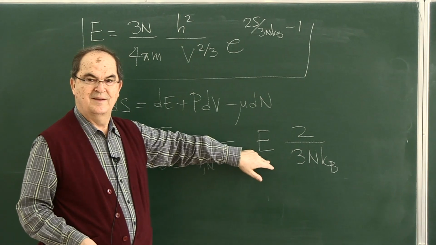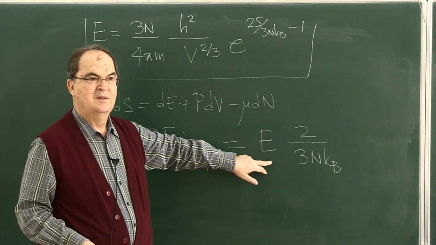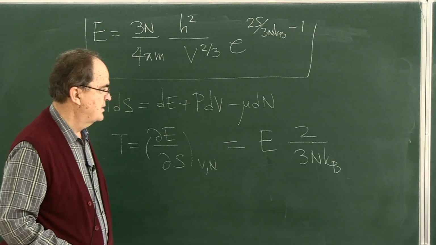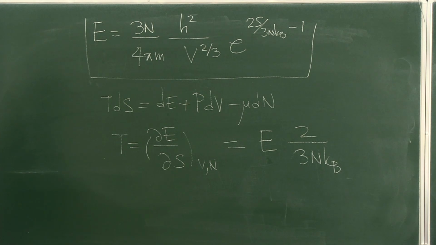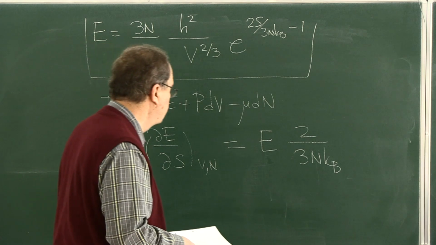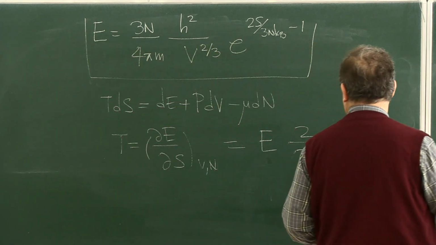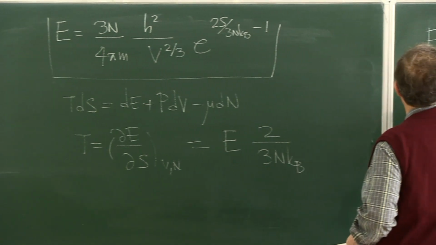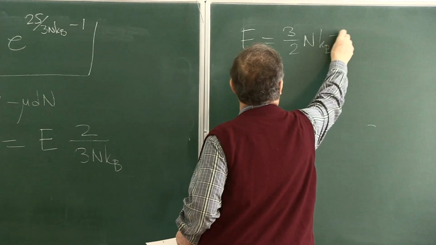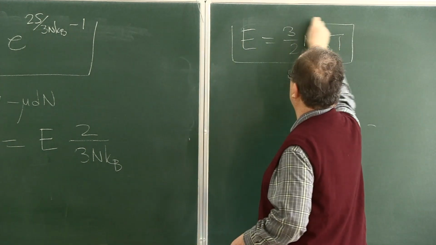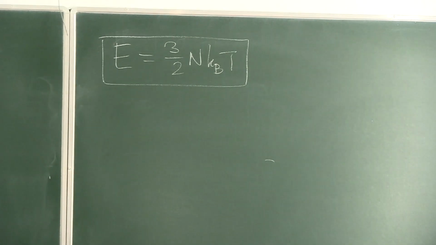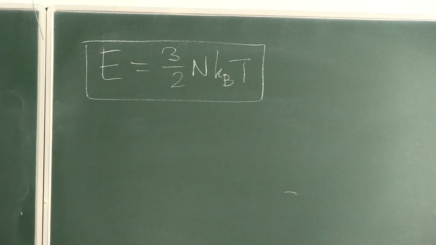That's the exponential giving you the energy expression. So that's the multiplier that comes from the derivative. Okay? So it says exactly E equals 3 over 2 nkBT, isn't it? Exactly what you expect for a classical gas, non-degenerate classical gas.